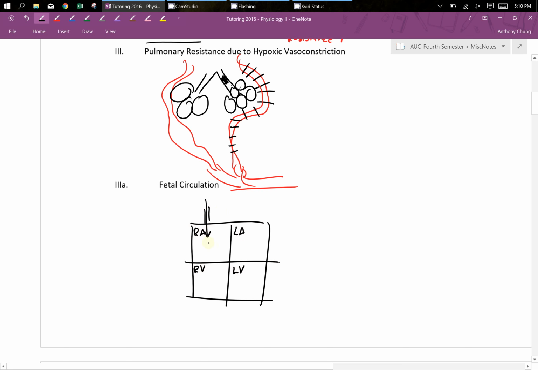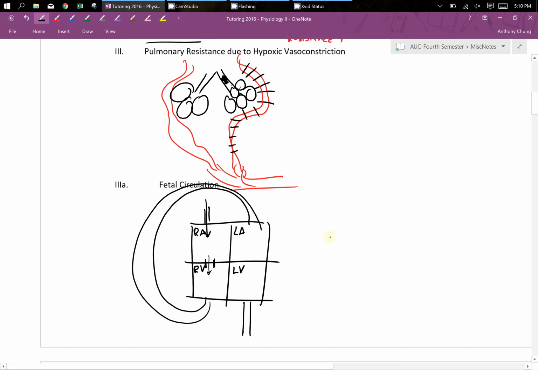It goes into your right atrium, and then typically it goes into your right ventricle, sorry. And then it goes into your lungs, and then it goes around to your left atrium over here. And then it goes to the left ventricle and comes out. All right? This is just a way of depicting it really quickly.